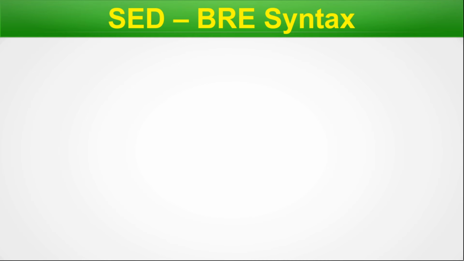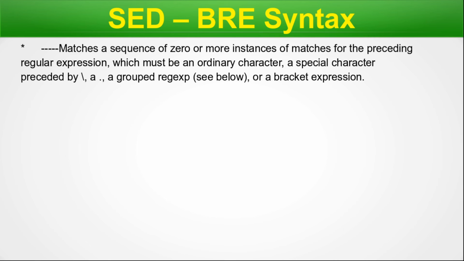Here we are talking about sed BRE syntax. Now we will go in detail. The star, the special characters here. The star matches a sequence of 0 or more instances of matches of the preceding regular expression, which must be an ordinary character, a special character produced by backslash, a dot, a group of regular expression, or a bracket expression.